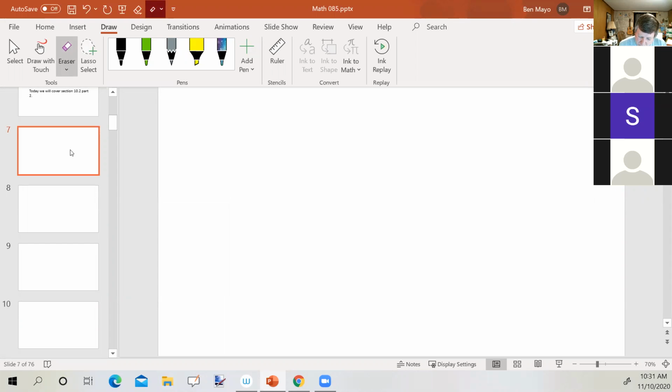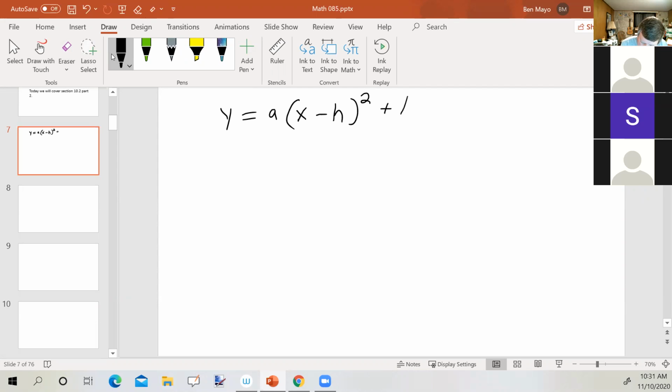One of the forms of equations that we're looking at in this chapter, in fact, the main one from yesterday, is this. Y equals a times the quantity x minus h squared plus k.